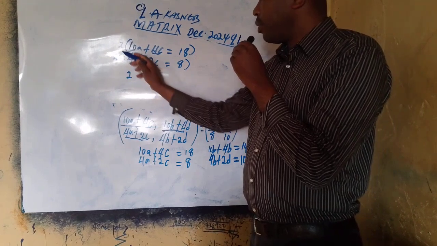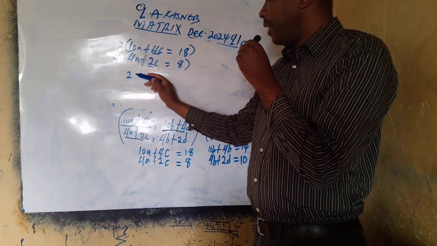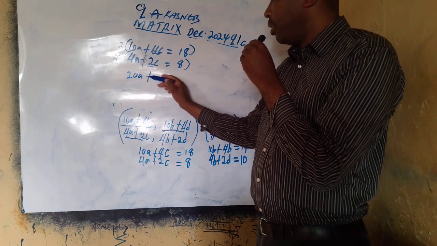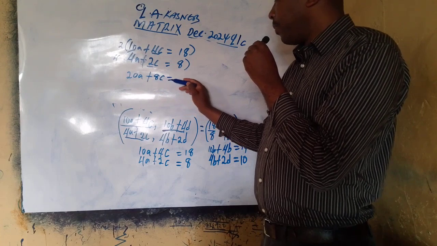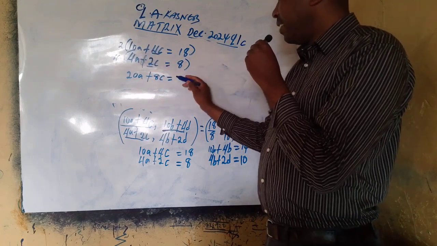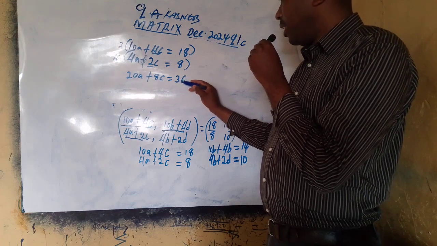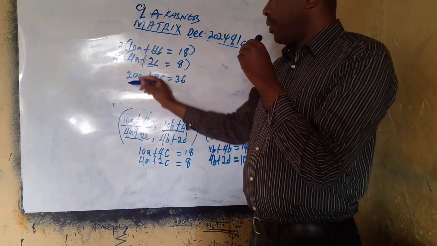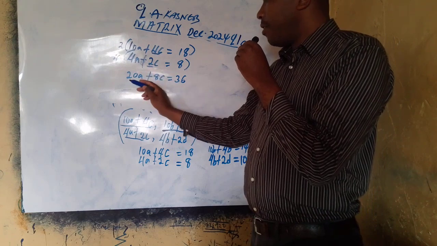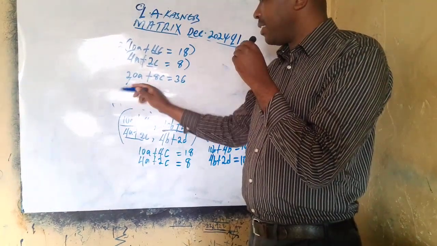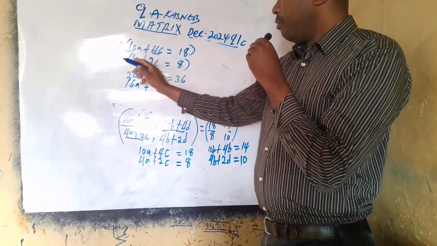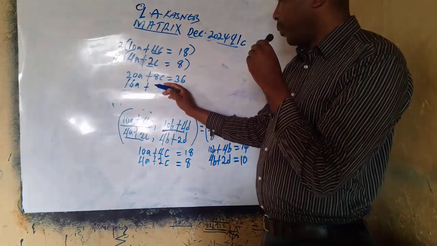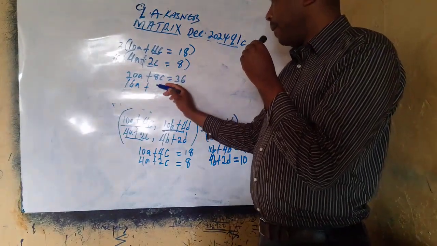Let's see. So open the bracket. 2 times 10, we have 20A. 2 times 4, we have 8C. 2 times 18, that gives you 36. Come here. 4 times 4A, we get 16A. 4 times 2C, we get 8C.